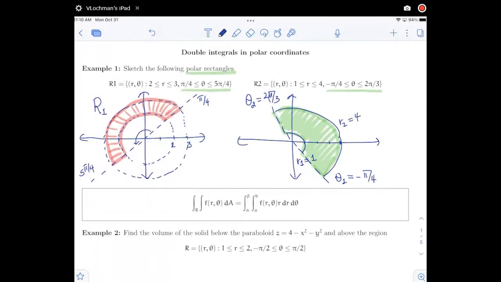So just sketching these regions of integration, part of your homework will be something like that. Here's the picture: set up the limits for r, set up the limits for theta, just by looking at the picture. Don't integrate anything, just get a setup ready. Take a look at this, guys. Let me know if you have any questions, if you want to discuss anything, and then we'll get to the actual integration.